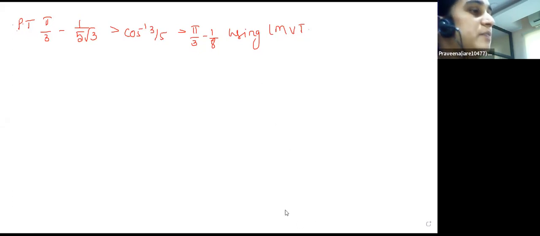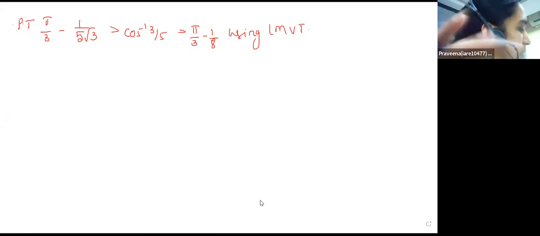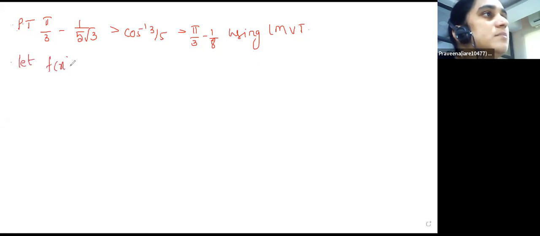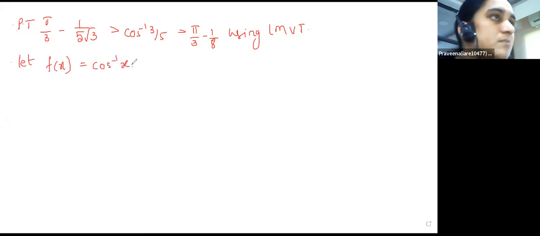After that, I'll give one more question for the graph. Here the function is f of x is equal to cos inverse x.